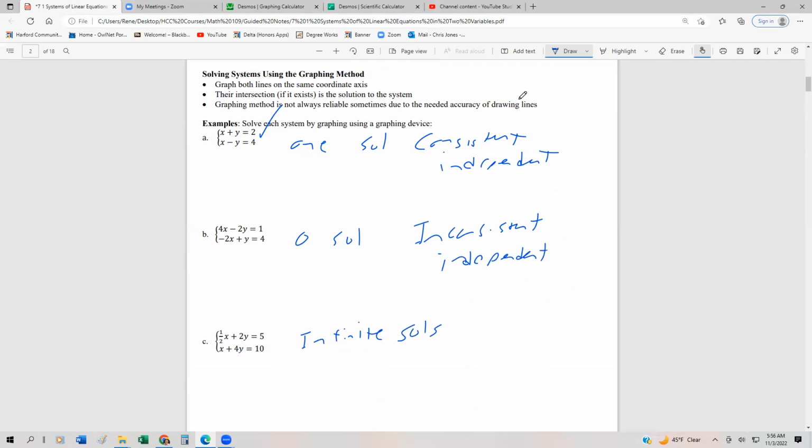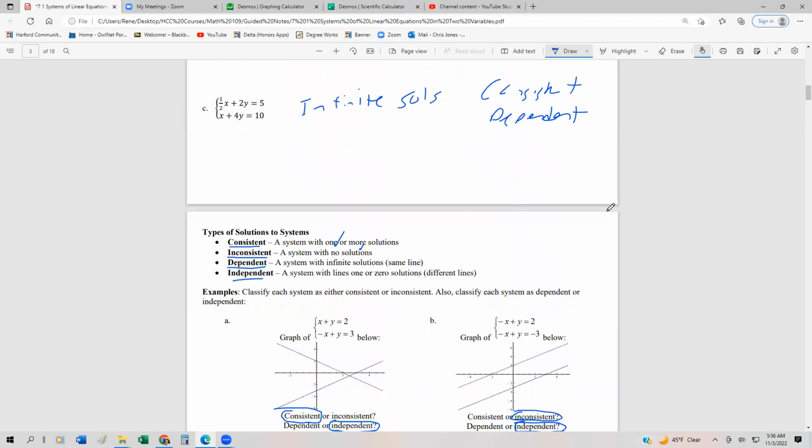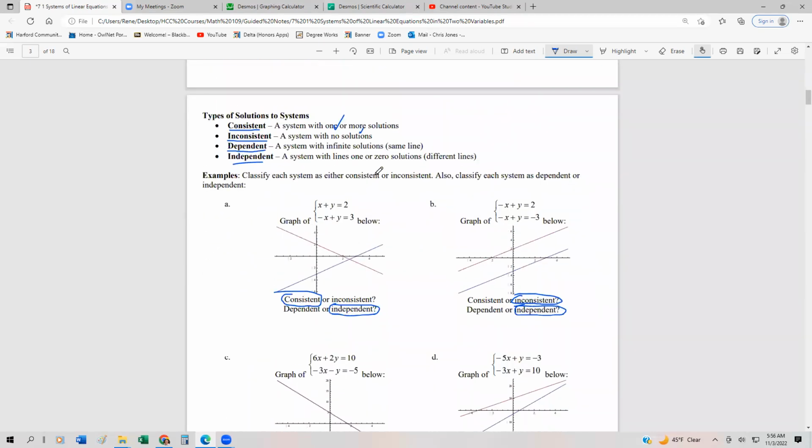And finally, consistent but dependent. So those are the three types of systems that we could arrive at. I just want to make everybody aware of this terminology, so that if I say it throughout the videos, we understand that inconsistent means no solutions, dependent means an infinite number of solutions, etc.